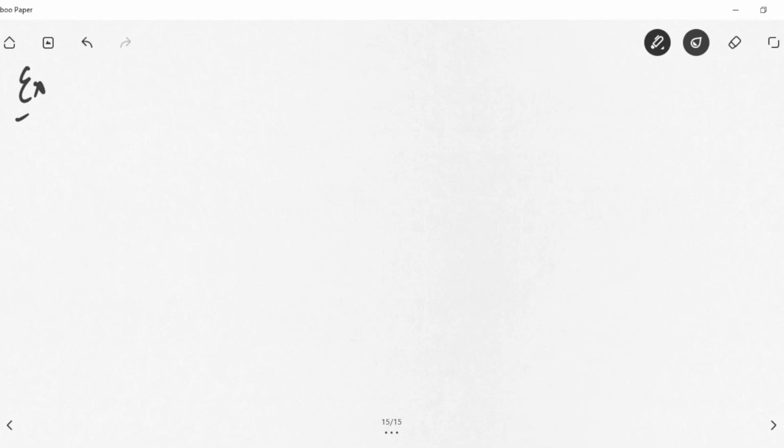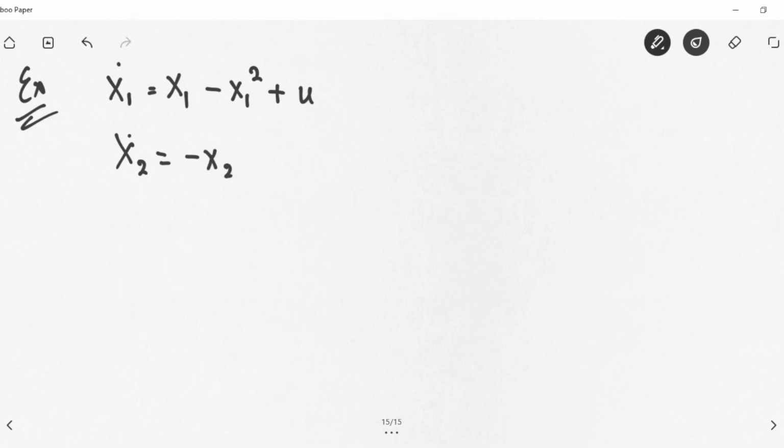Let's now take an example of a forced system. x1 dot equal to x1 minus x1 square plus u, x2 dot equal to minus x2.